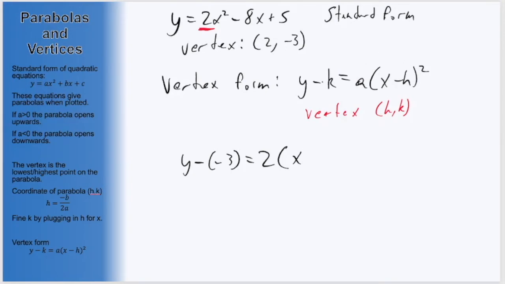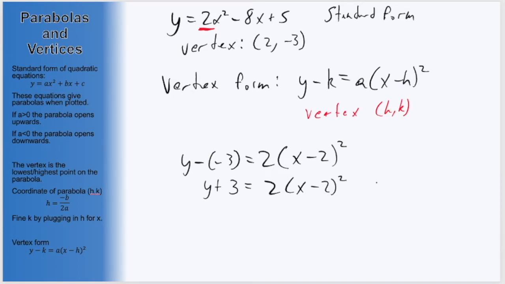H is the x-coordinate of our vertex, so 2 squared. We'll go ahead and change this subtraction of a negative to addition. And here is our vertex form. This is the same equation and gives the same graph as our standard form example, but is just written in a slightly different way.